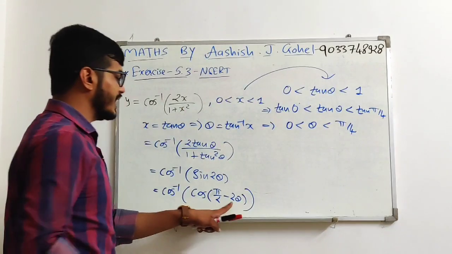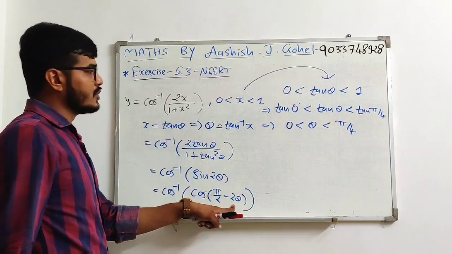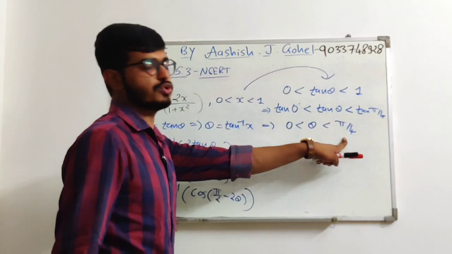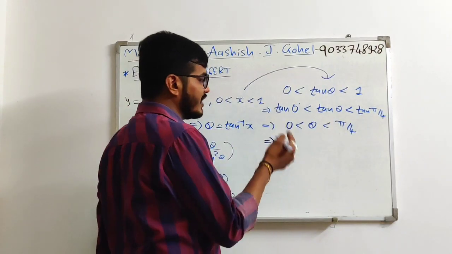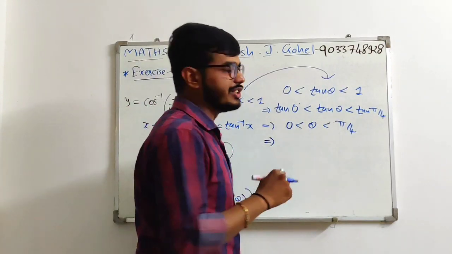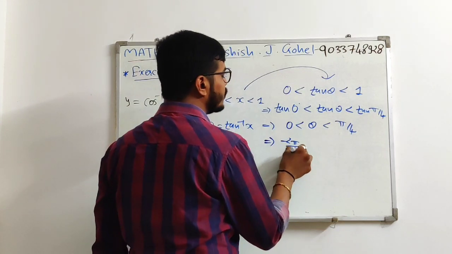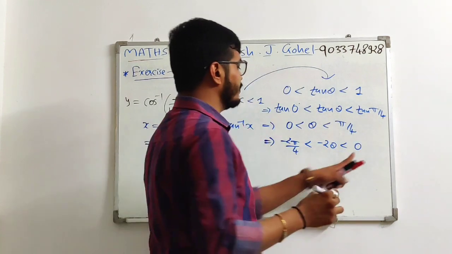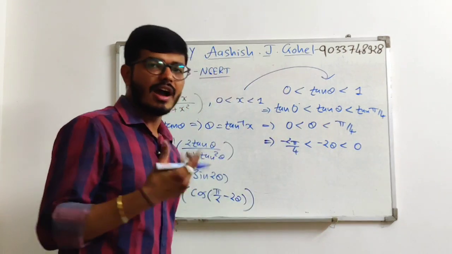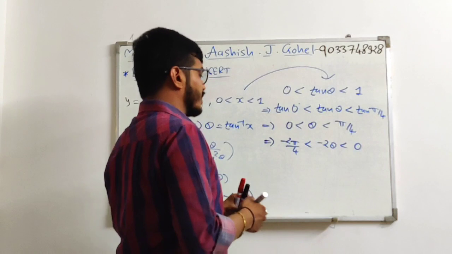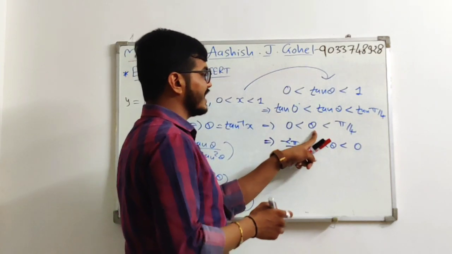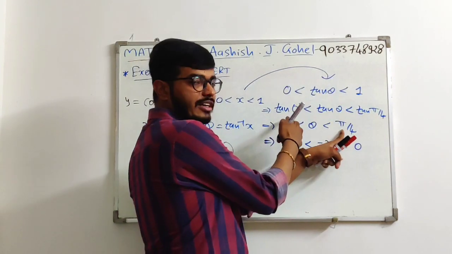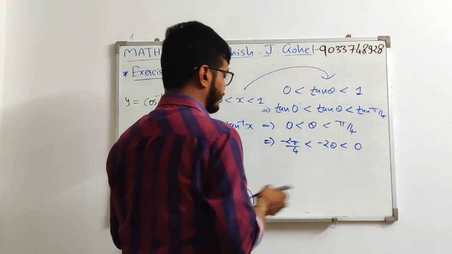We want the range of minus 2 theta. So we need to multiply this with minus 2 first. If I multiply with a negative number, then the inequality will change. So minus 2 pi by 4 less than minus 2 theta less than 0, because if you multiply 0 with any number, then the answer will be 0 only. Okay, I am multiplying with a negative number, that is why I have changed the inequality.